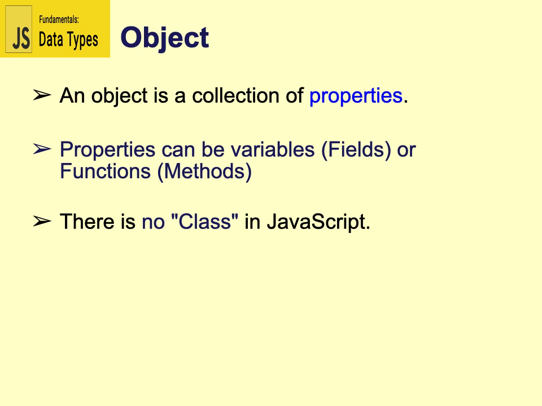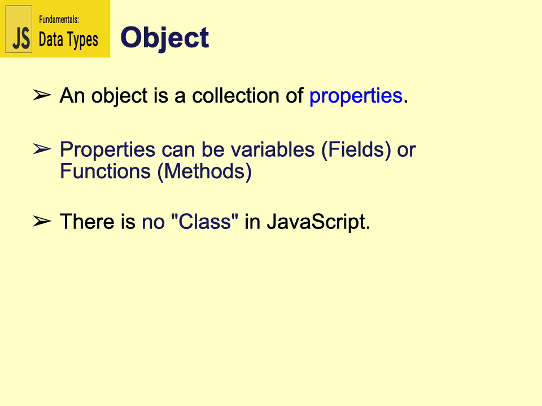JavaScript is designed on a simple object-based paradigm. An object is a collection of properties, and a property is an association between a name and a value. So objects are constructed using name-value pairs. A property's value can be a function, in which case the property is known as a method.